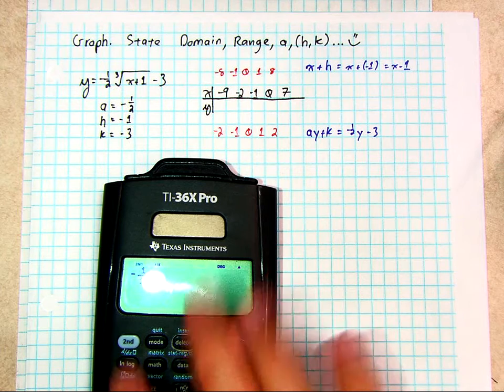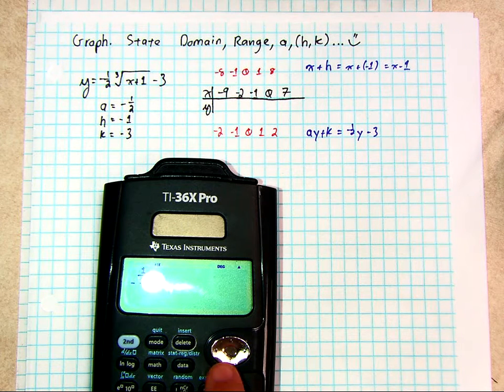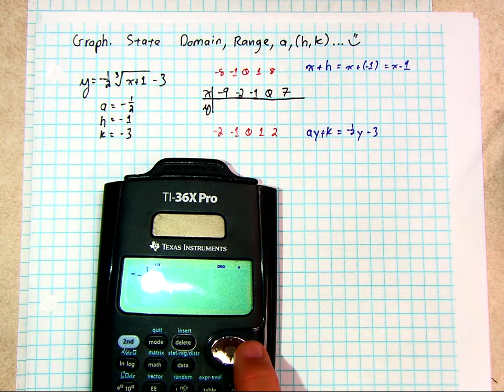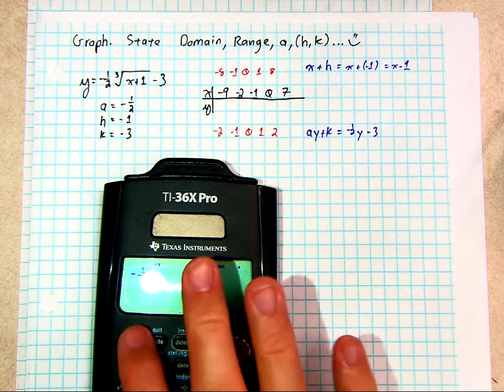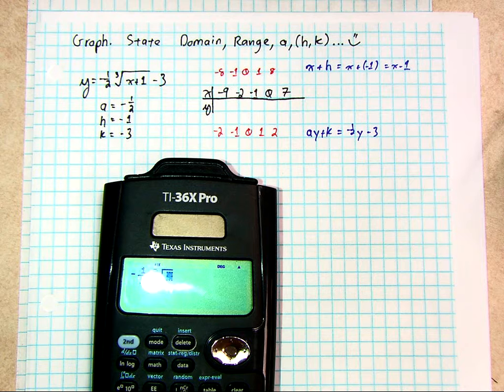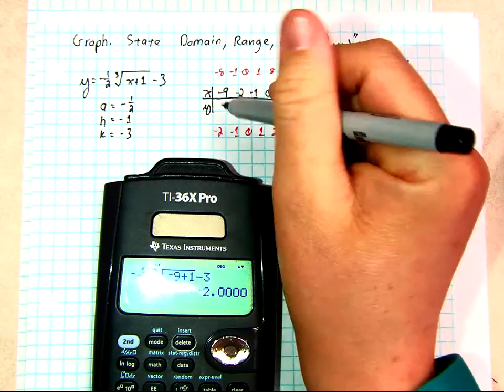Now I need my cube root function of x, which in this case is going to be negative 9 plus 1. Push my arrow to move out, minus 3. That gives me my answer of negative 2. You can see mine's still doing it to 4 decimal places because I didn't tell it not to.